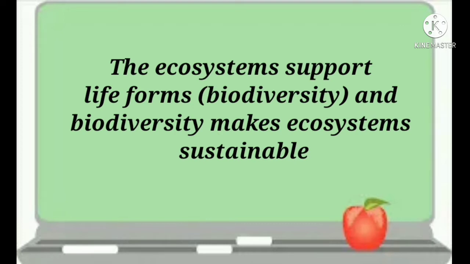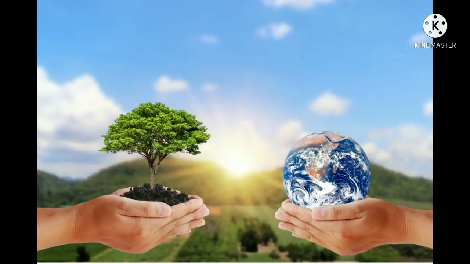Nagkakaroon ng pollution, loss of habitat of animals, etc., and global climate change. So the main purpose of this topic is to awaken our mind that we need to care for our environment or our ecosystem.